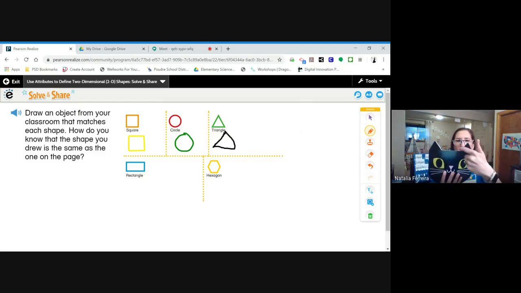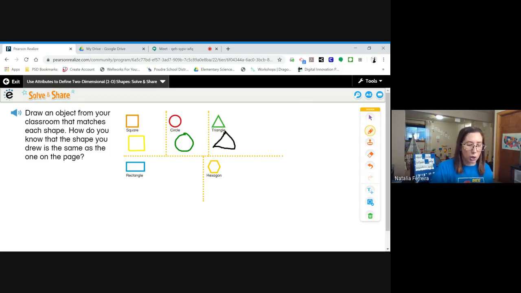1, 2, 3. Okay, then my next one was I needed to find a rectangle. I found my iPad. This is what I use to record our literacy things. My iPad has 2 long sides, 2 short sides. But how many vertices? 1, 2, 3, 4 vertices.